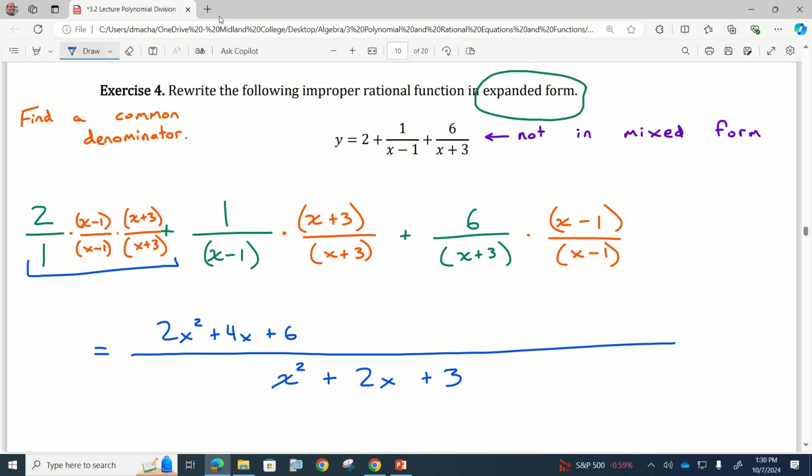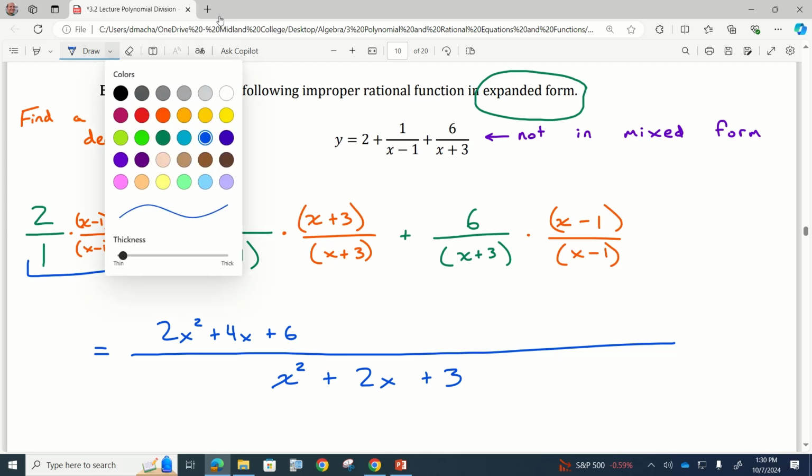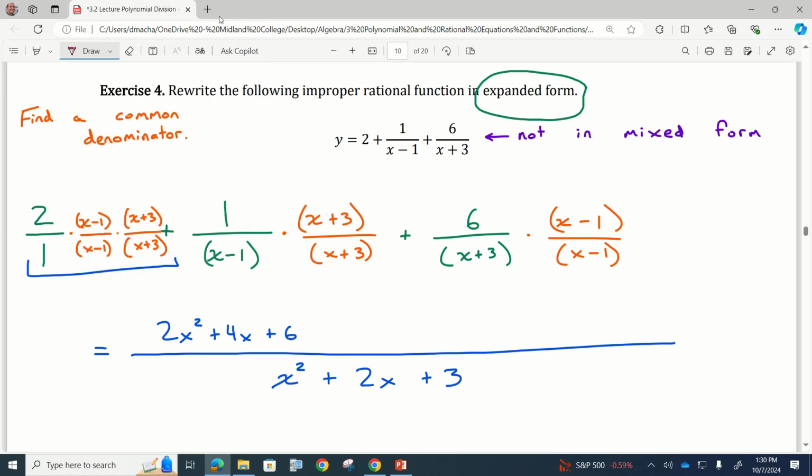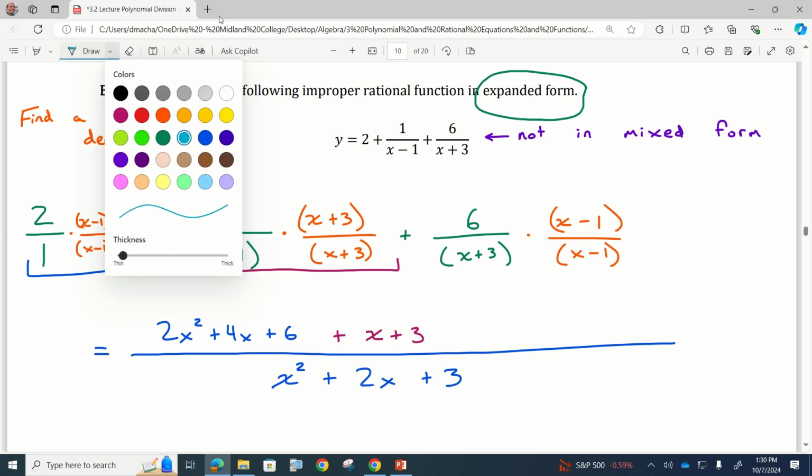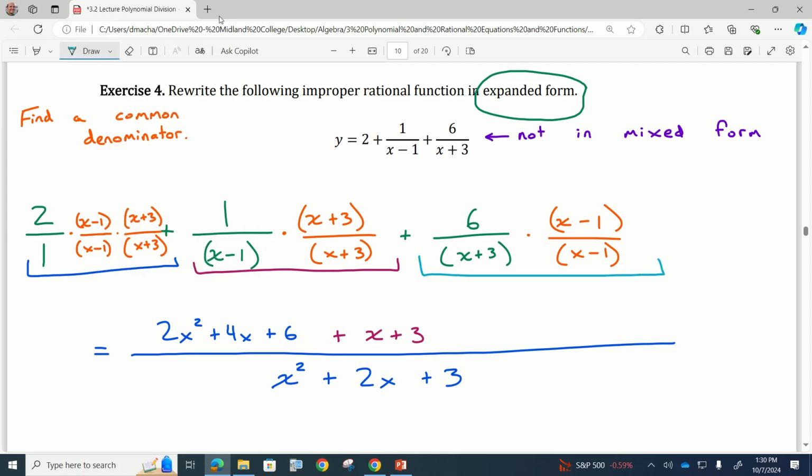That's that first part. And then I'll go ahead and switch colors for the second part. This is just plus x plus 3. And then the last part is plus 6x minus 6.